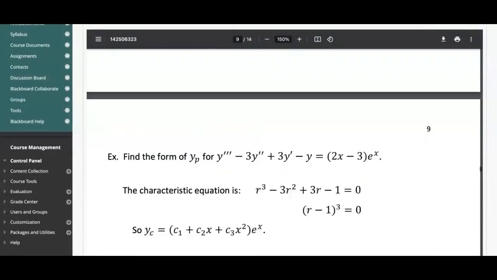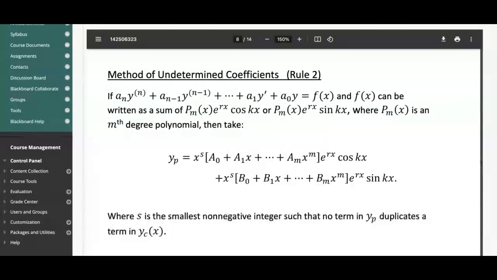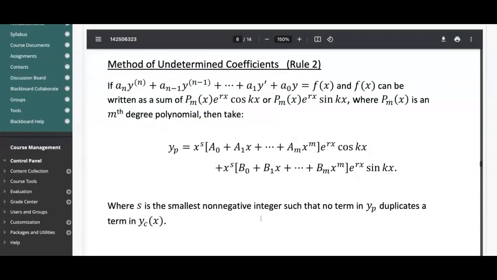So this is by this rule: we just multiply by x raised to s, and this s has to be the smallest number that works for the particular solution not to be part of the complementary solutions.